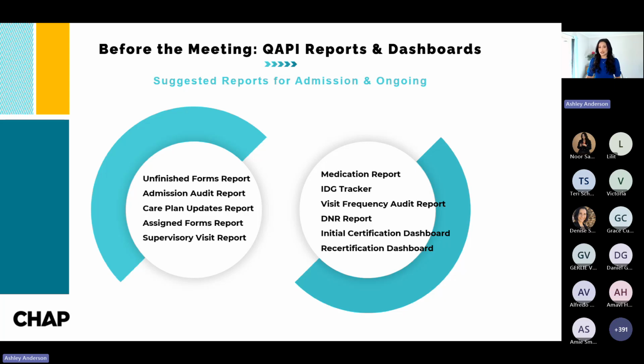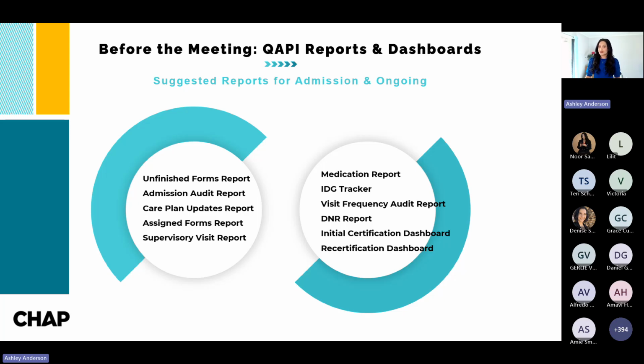And if there is a reason to change the frequency, that should be documented thoroughly to identify what changes were made. Your IDG document doubles as an order. So after the update is made, it does go back to every ID team member to sign off and acknowledge that the frequency and all the applicable information pertaining to their point of view on the patient and what's going on is acknowledged by all of those team members.